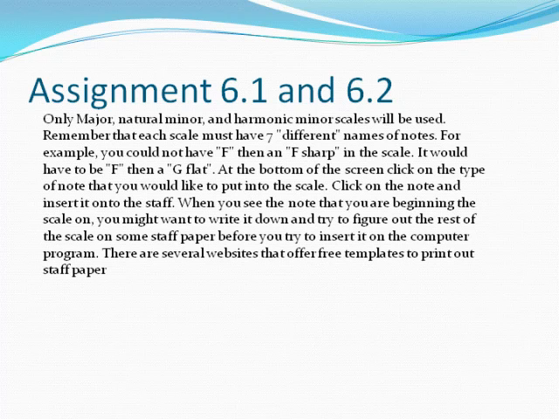So you only have to worry about the major, the natural minor, and then the raised seventh and the harmonic minor scale. Remember that each scale must have 7 different names of notes. For example, you could not have an F in a scale and then an F sharp. You would have to say F, then G flat, because you have to have those 7 different names of the notes.